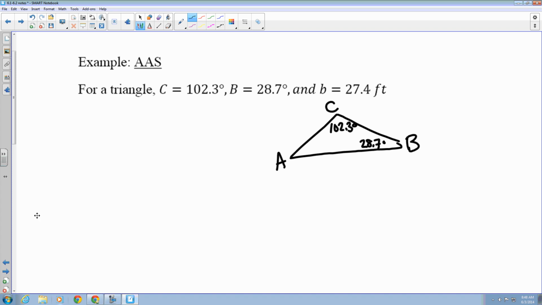We don't know angle A. Side B is 27.4, and we don't know side C or side A. So the first thing that you want to do is solve for the unknown angle if you have 2 angles already. Angle A is 180 minus the 2 angles I already have. So that's 49 degrees.